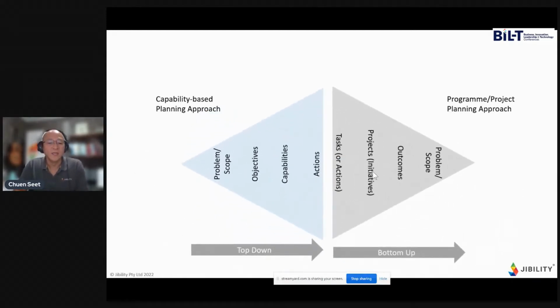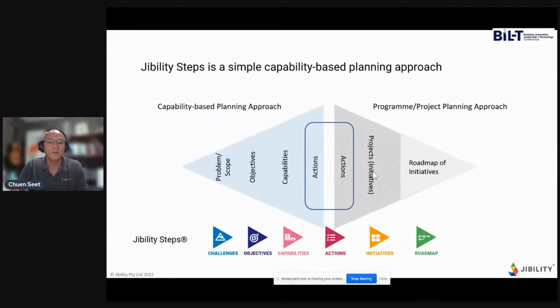That's really the basis of how we derive what we now call Jibility Steps. So Jibility Steps are made up of 6 steps: challenges, objectives, capabilities, actions, initiative, and roadmap. And you can see how they correspond to this diagram, which is that challenges aligns to what's the problem we're solving for. Objectives are what's the outcome we need to achieve.